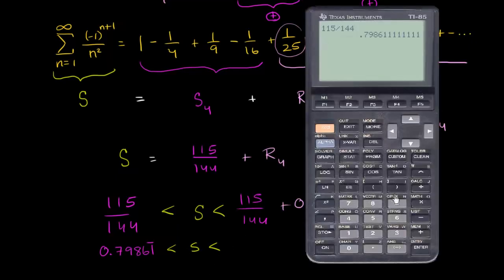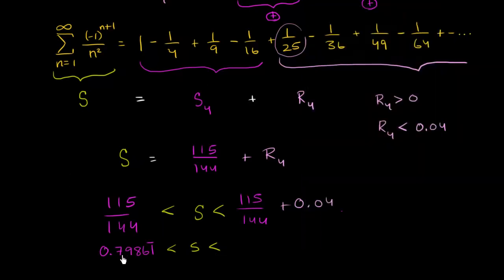Plus 0.04 gets us to 0.83861 repeating. Actually, I could have done that in my head. I don't know why I resorted to a calculator. And just like that, with a calculation we were able to do by hand, we were able to come up with a pretty good approximation for S.